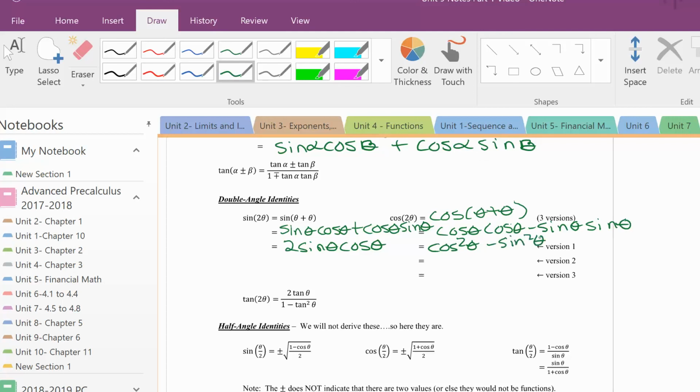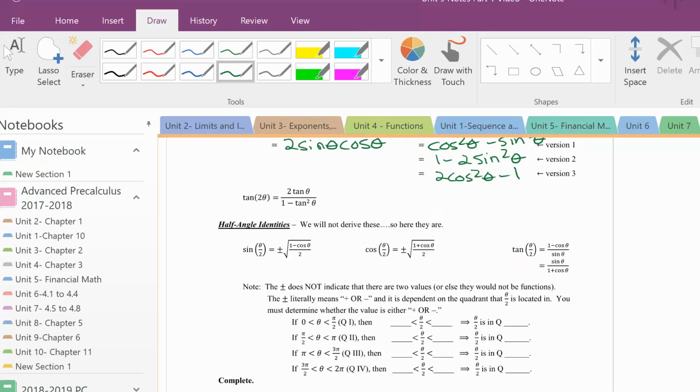That's one version. If you substitute in 1 minus sine squared here, you get 1 minus 2 sine squared. That's another version. And if you substitute in for the sine squared, 1 minus cosine squared, you get 2 cosine squared minus 1. So those are the 3 versions of the double angles.